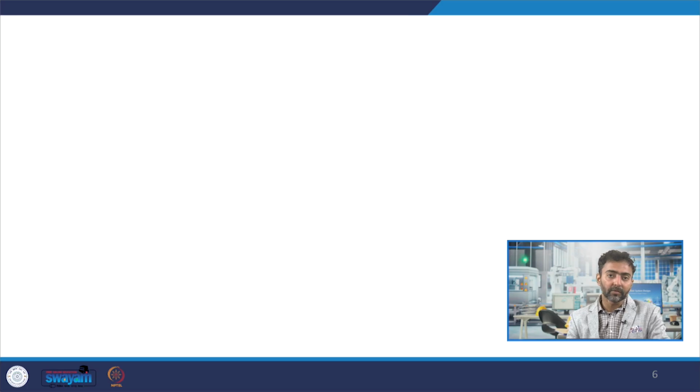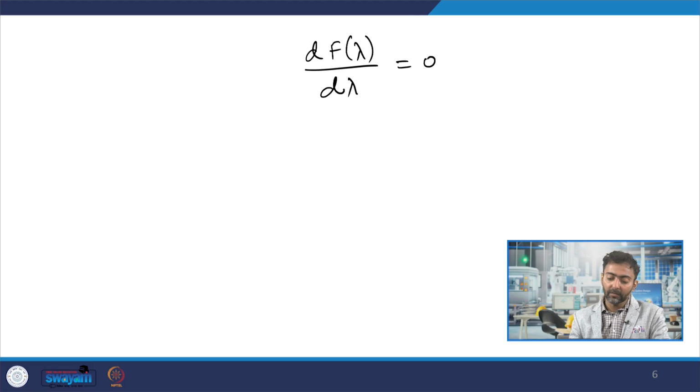If we were to refer to the spectral irradiance equation f of lambda, which we looked at a few minutes ago, one very simple way to find the wavelength at which the peak solar radiation happens is to differentiate f of lambda with respect to lambda, df(lambda)/d(lambda), and equate it to 0. If we solve this equation, we will get the value of lambda at which the peak radiation intensity happens.